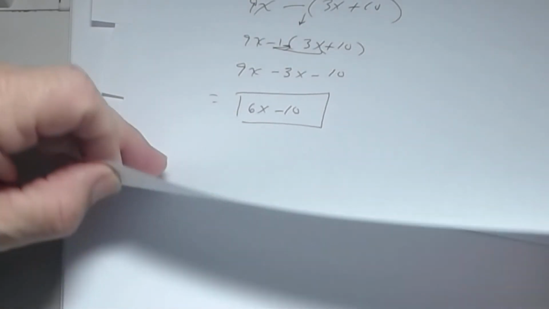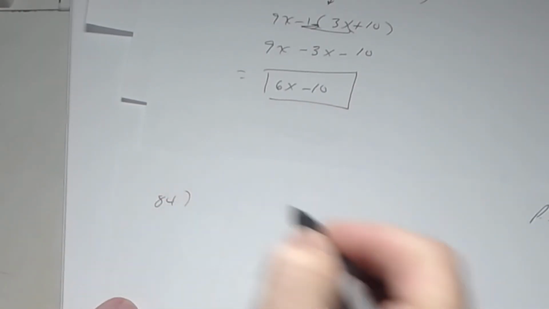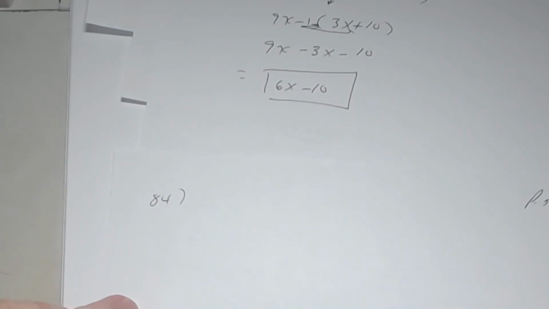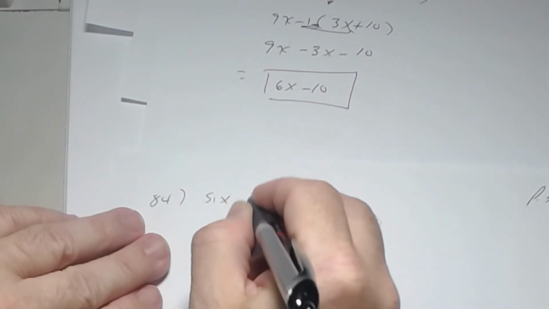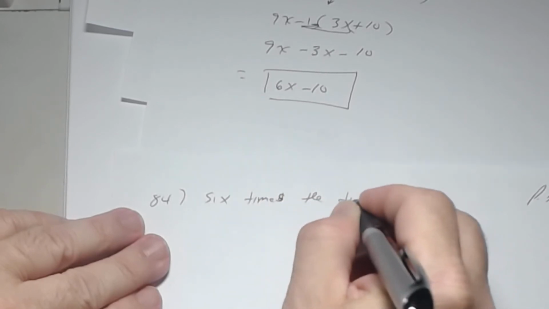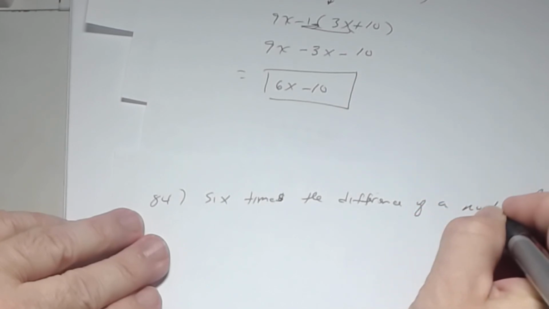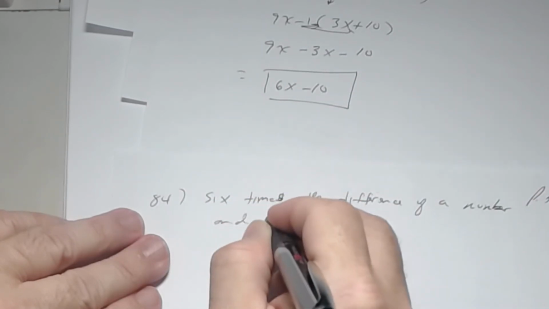Okay, let's look at 84. It says, 6 times the difference of a number and 5.